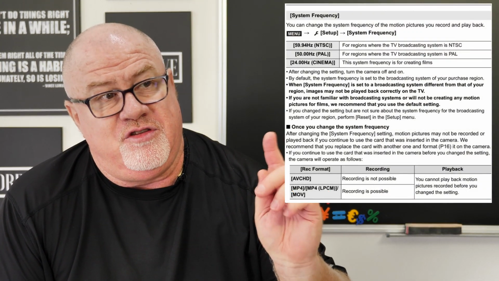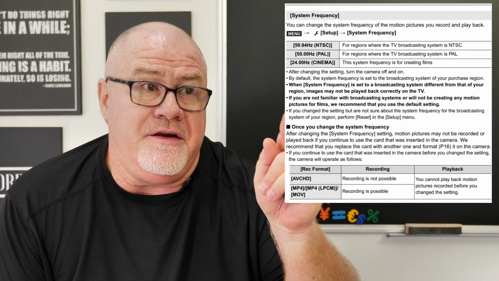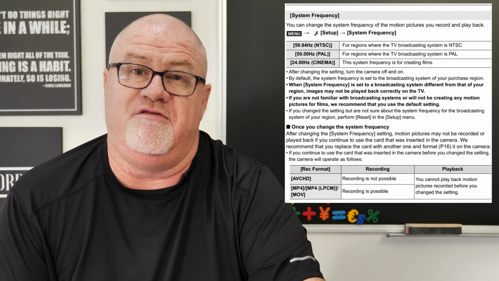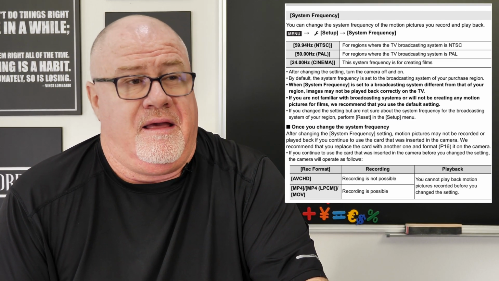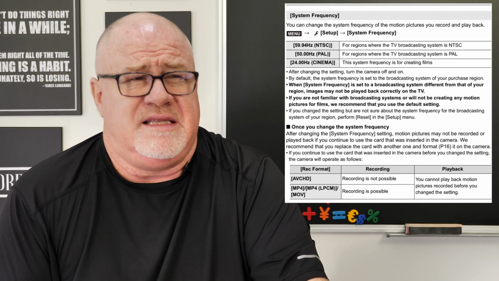I went back to the owner's manual, the advanced one, 380 pages, and I typed in the search engine system and frequency, and I arrived at this page, 240, where you have 24.50 and there you have the 59.94, and it's in the setup menu. And I was like, what's that?